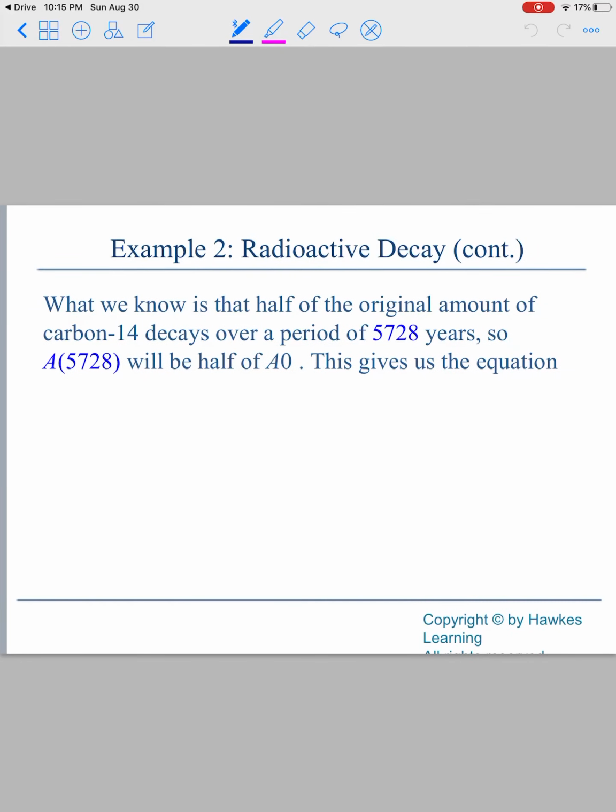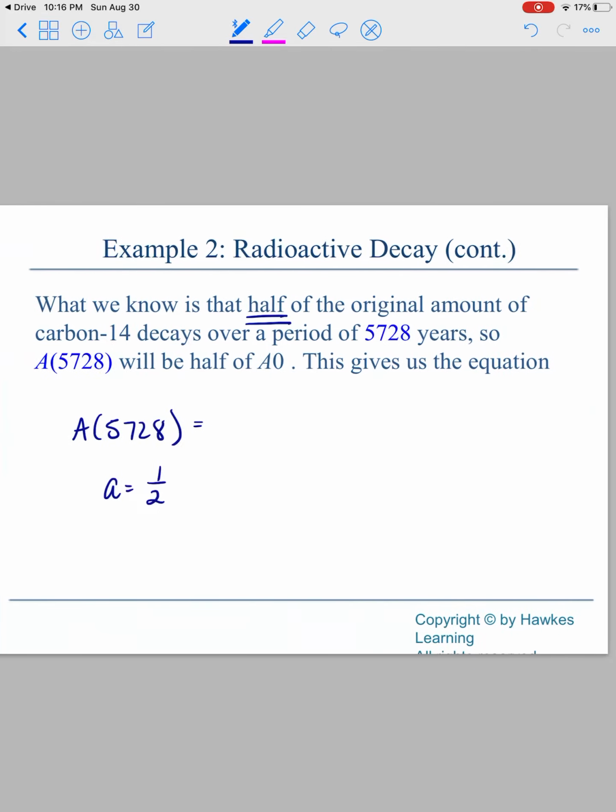So what we know is that half of the original amount of carbon-14 decays over a period of 5,728 years. So A of 5,728 will be half of my A sub 0, my original amount. Okay, it says that this thing halves. So then I'm going to go through and solve this.